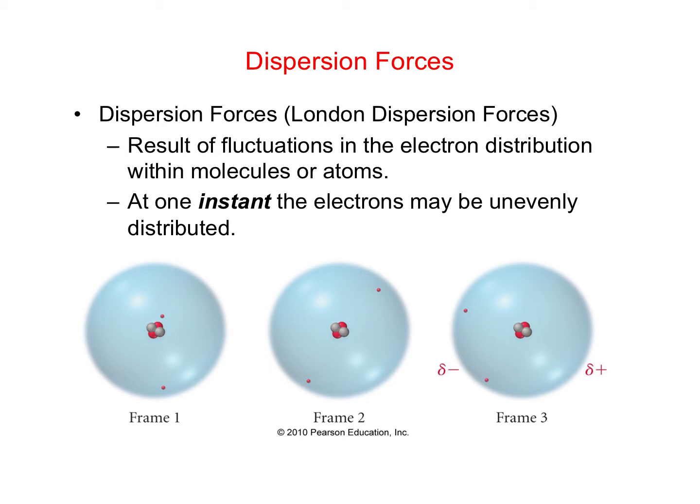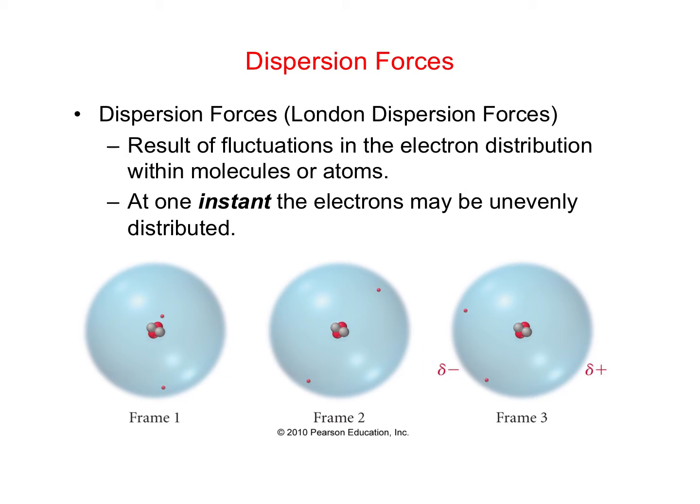So dispersion forces result from fluctuations in the electron distribution within atoms and molecules. Here we basically have helium atoms, with the two electrons in helium whizzing around in the electron cloud. At any one instant, they might both happen to end up on the same side of the atom.